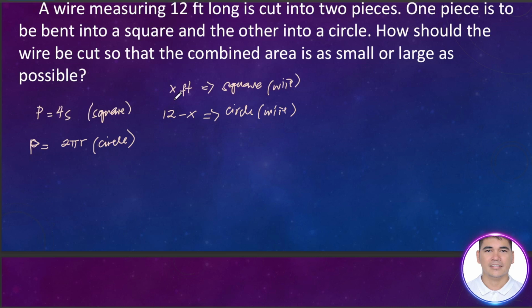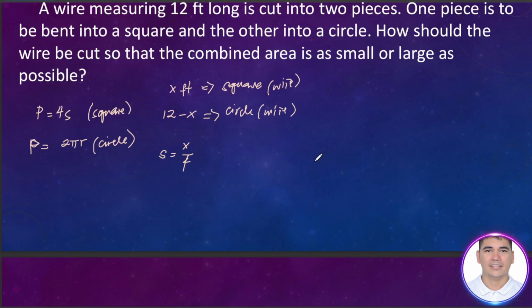Representing the side of the square and the radius of the circle in terms of x, for our side s we get x over 4, since that is our perimeter.